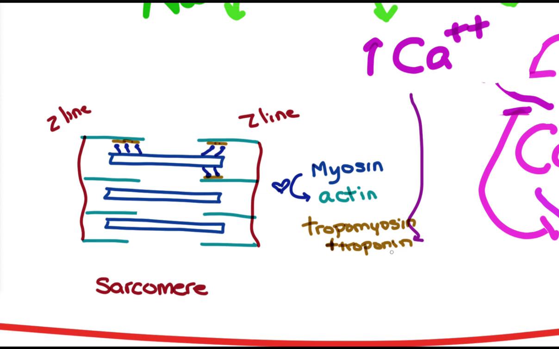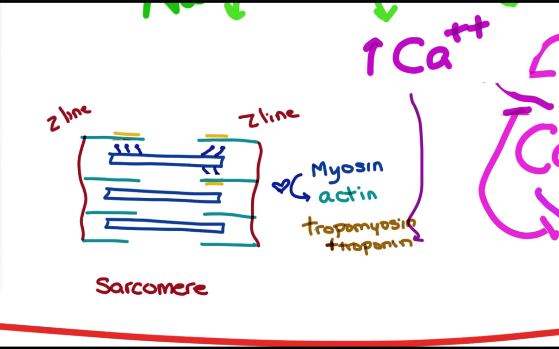And when it moves out of the way, it's going to pull tropomyosin out of the way as well. So when calcium is in the sarcoplasm, tropomyosin gets pulled away from blocking these sites.